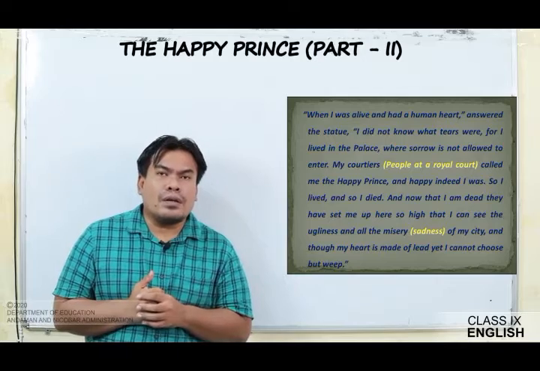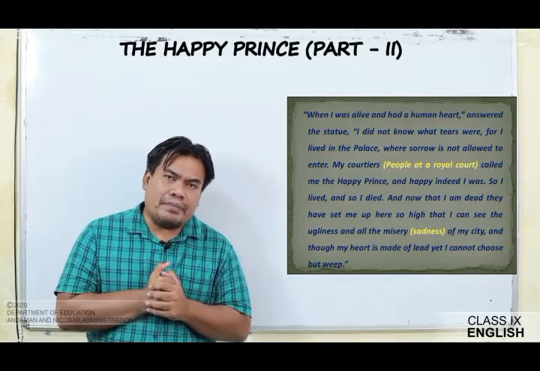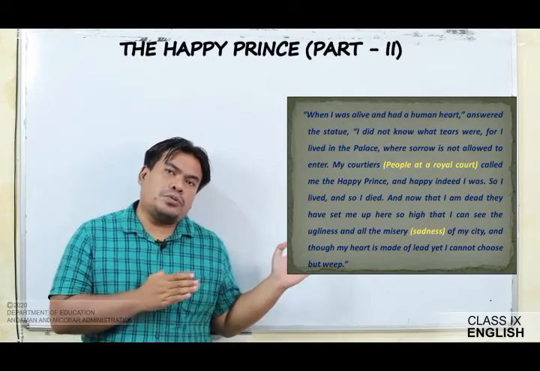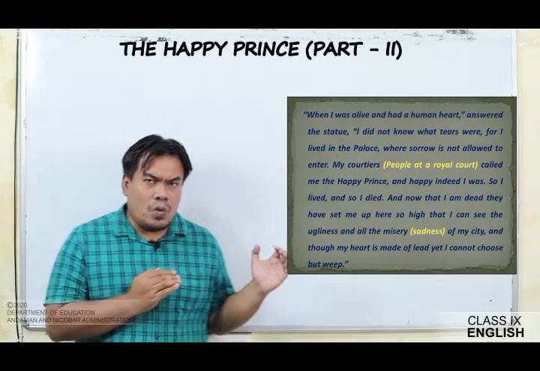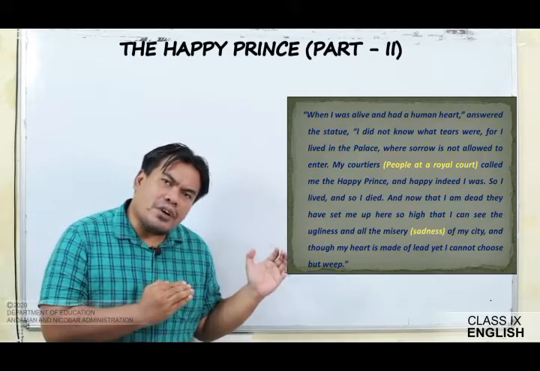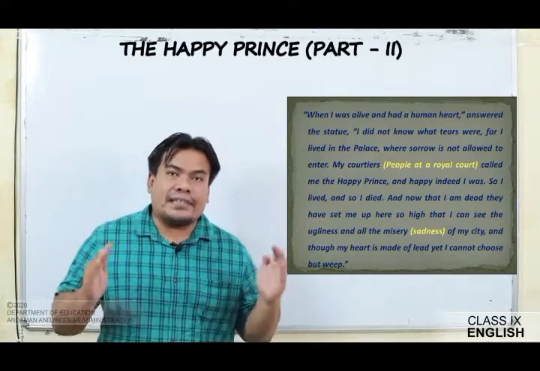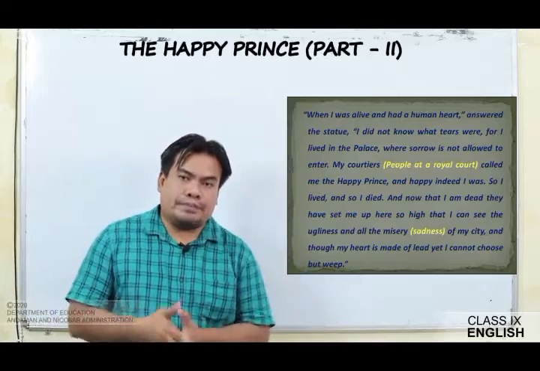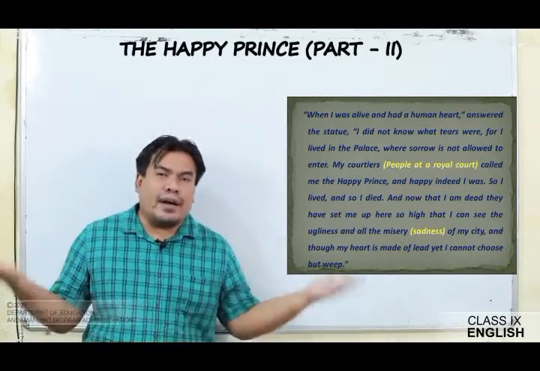People at a royal court, the people who were there along with him in the court. Those people are called courtiers. So because of the nature of the prince, he was called the happy prince by his courtiers.